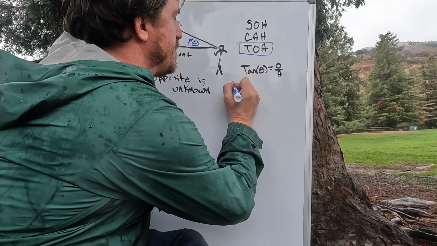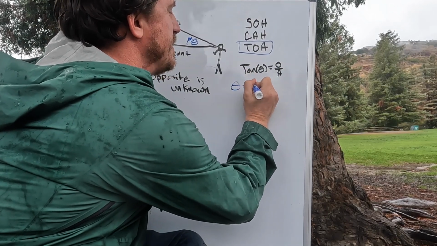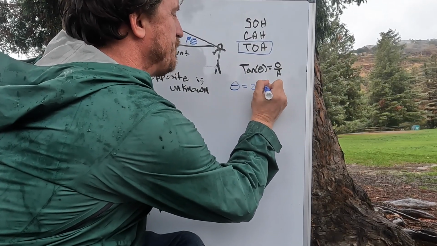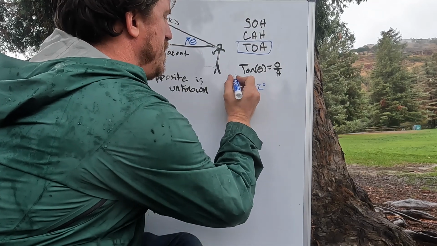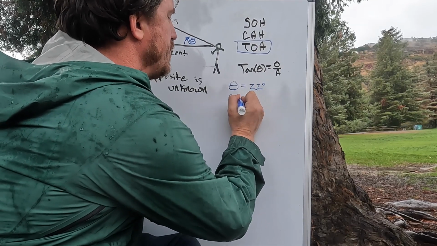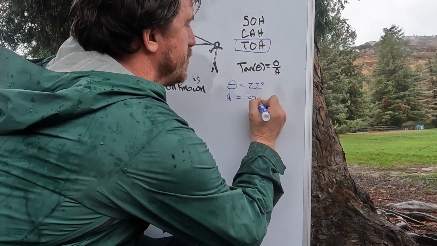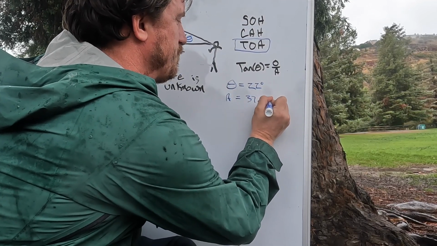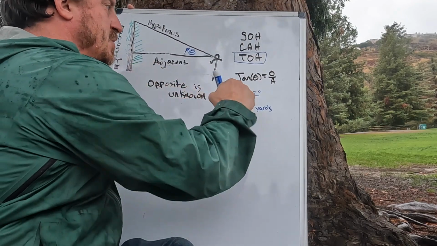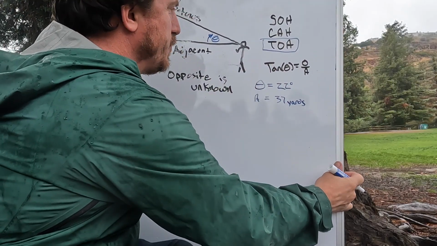I'm telling you because I just measured it. Theta is 22 degrees. And the adjacent we're going to do in meters is 37 meters. Not meters, 37 yards. So let's rewrite this so it's more useful for us.